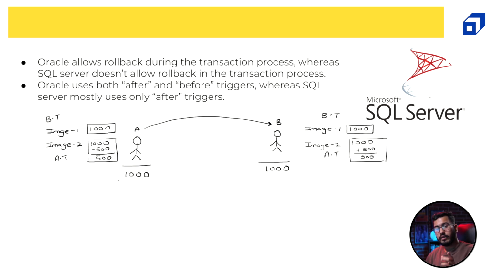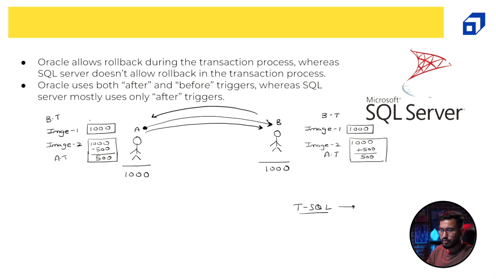Now what is the meaning of a complete process? When person A sends the amount to person B, and if the transaction is completed, then only the commit will happen. So the T-SQL language will preserve the data when the complete transaction is done. Otherwise, rollback will happen. It will go back and show this 1000, and person B will also get 1000.